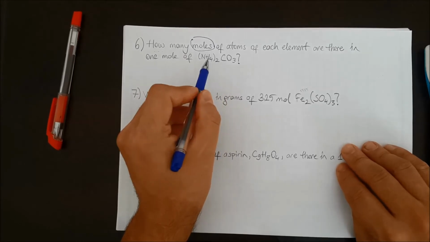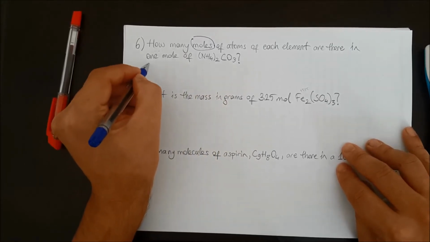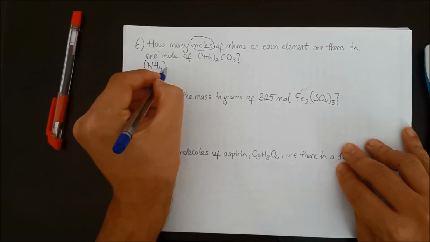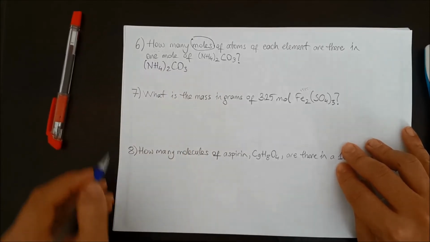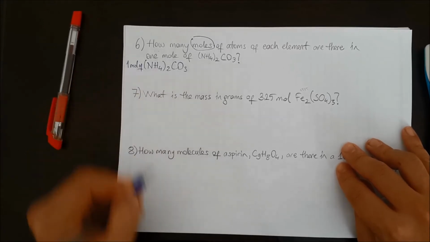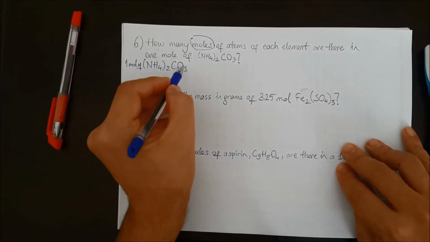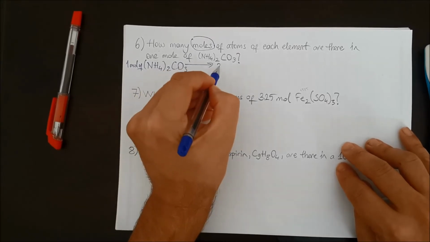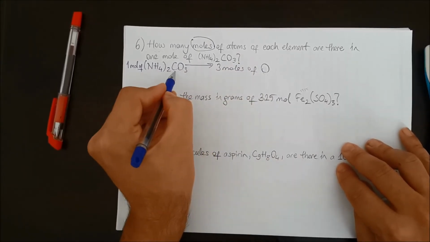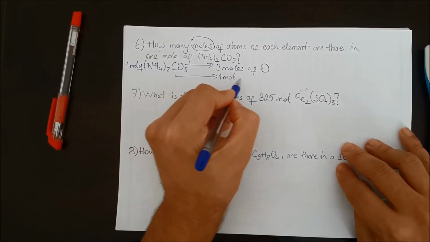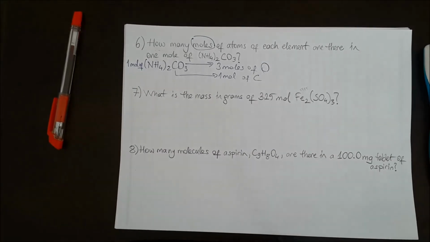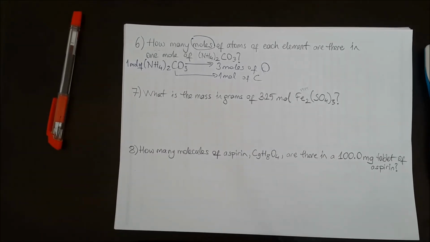This is what we did in the previous solution. I have the compound ammonium carbonate, and this is 1 mole, okay? In 1 mole of ammonium carbonate, I have 3 moles of oxygen and 1 mole of carbon. Subscripts of elements determine the moles of atoms of each element.